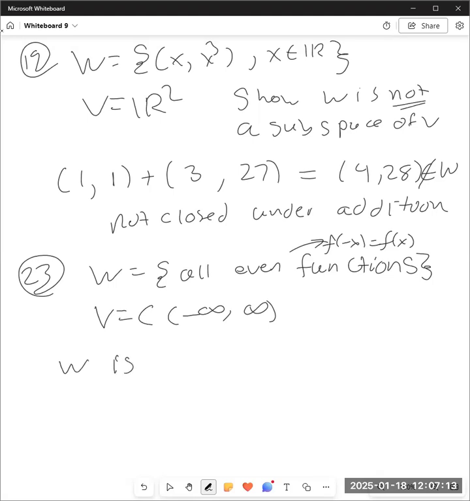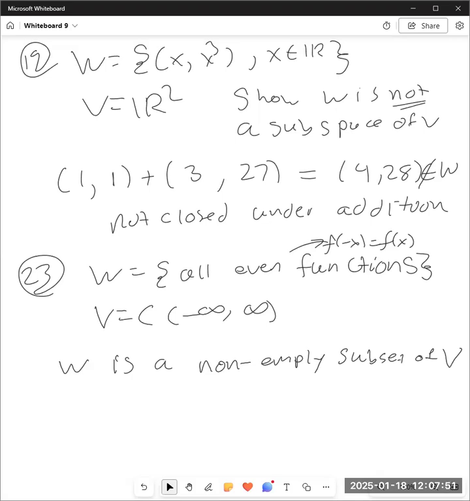W is a non-empty subset of V. The even functions that are in V are continuous functions. That's right. And an even function plus another even function is an even function.